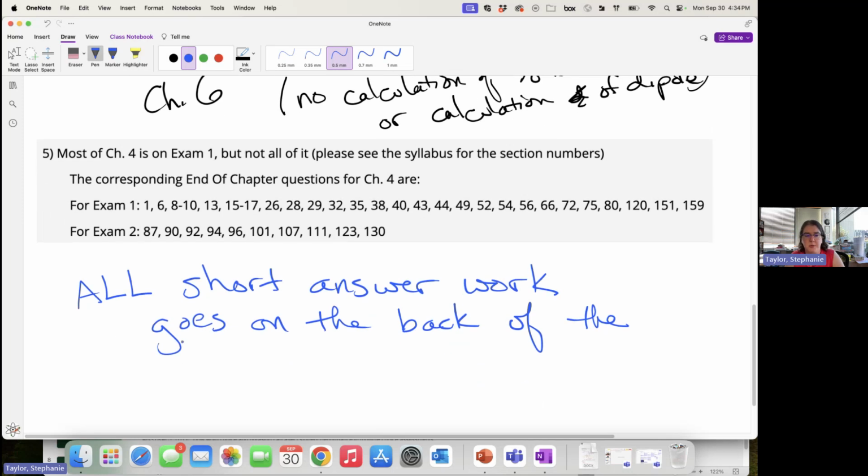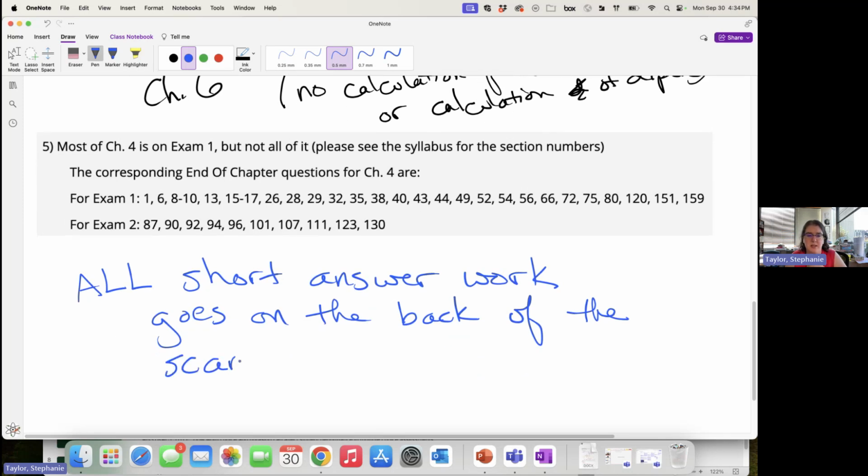I had people who lost points either because they did not get to copy all of their problem of the short answer onto the back, or I also had some folks that just gave the numbers or just gave the answers. If it's a calculation question, we do expect especially to see work on those. So people lost some credit just because they had beautiful correct answers, but that's all they had. They lost points. So we do expect to see some amount of work on short answer for those. So just keep that one in mind.